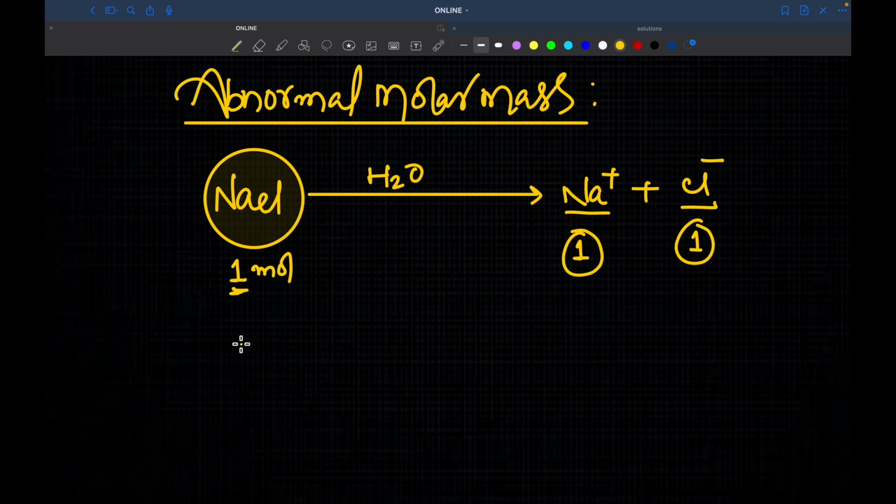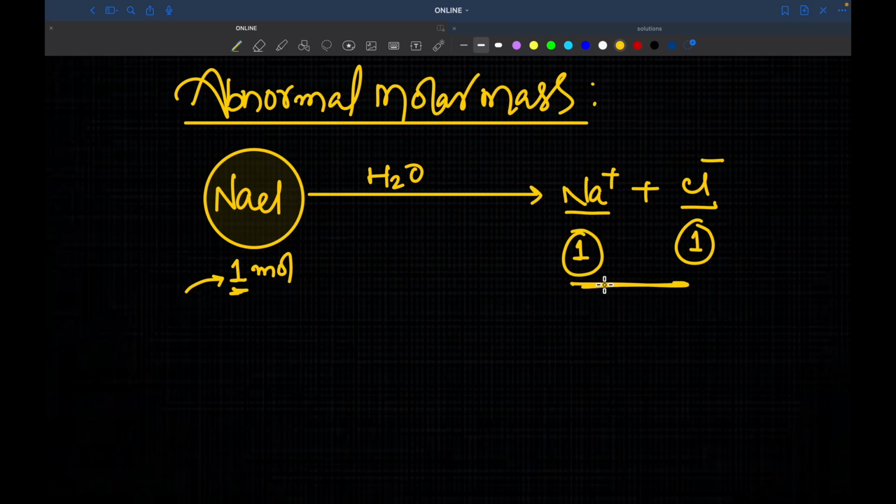For example, for NaCl, if you calculated the depression or elevation in boiling point, that is not going to be the right one. Why? Because you are thinking about one particle, but you have got 2 when they are put in the water. So the count has been doubled.